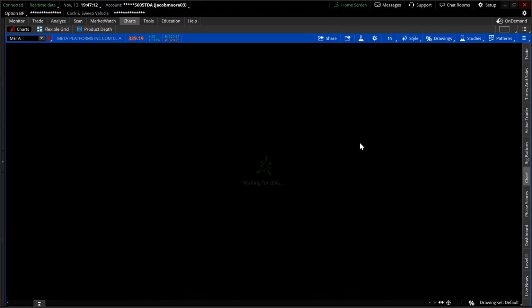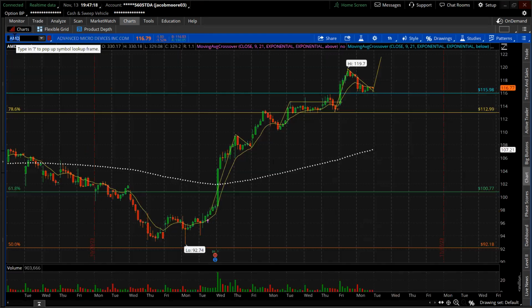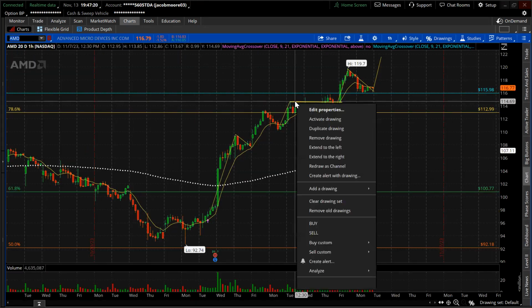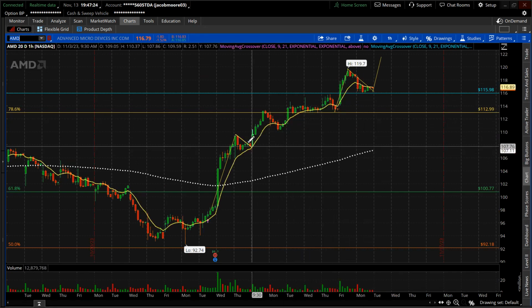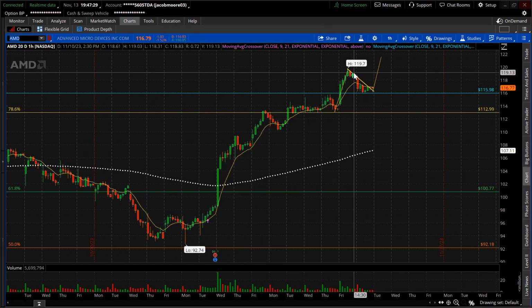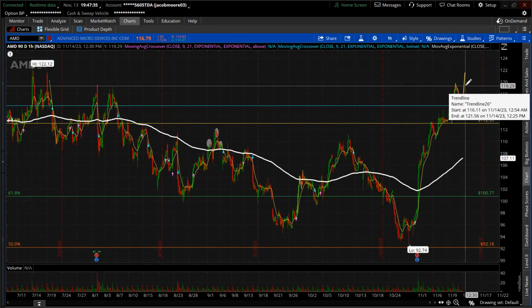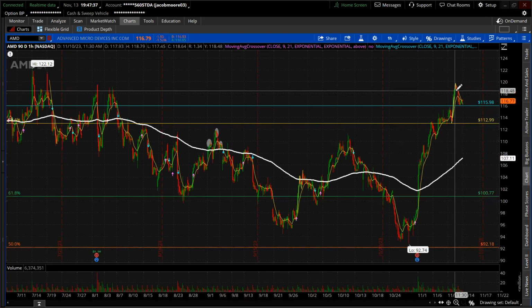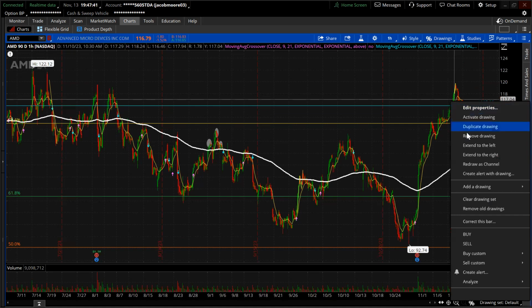So now let's do another little experiment, right? Let me get off of this chart. Let's go to 90 day. Most of the times when I draw my fibs, it's on the 90 day and 180 day chart.